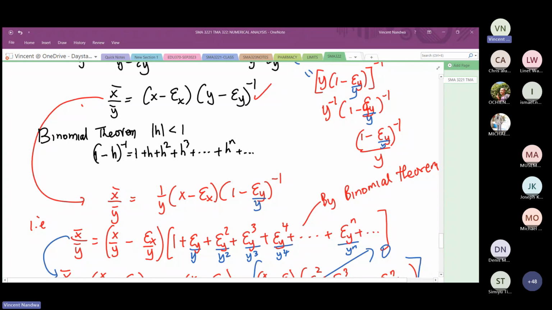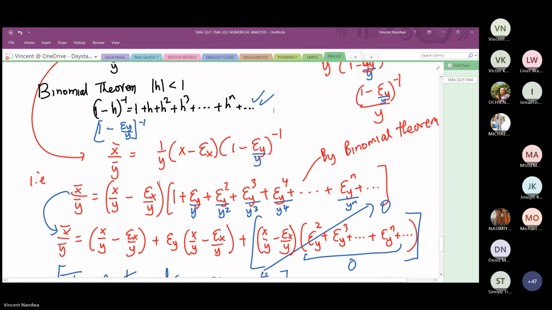So because now, if you relate this quantity here, 1 minus error in y over y, raised power negative 1, the h in this binomial theorem will be taking the value error in y over y. Okay. So then now, where there's h in the binomial theorem, you put error in y over y. So that's why I'm dividing everywhere by y.